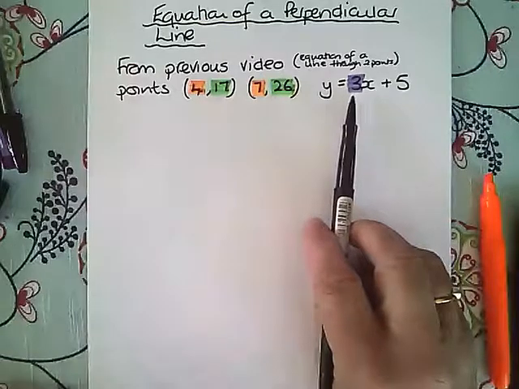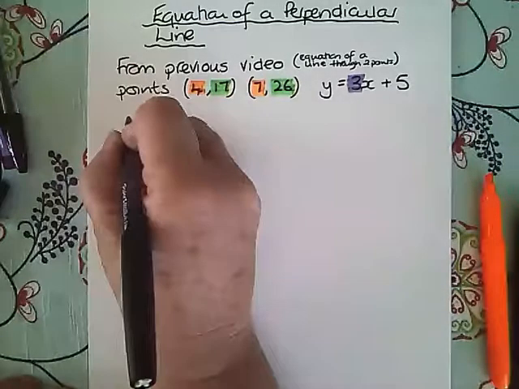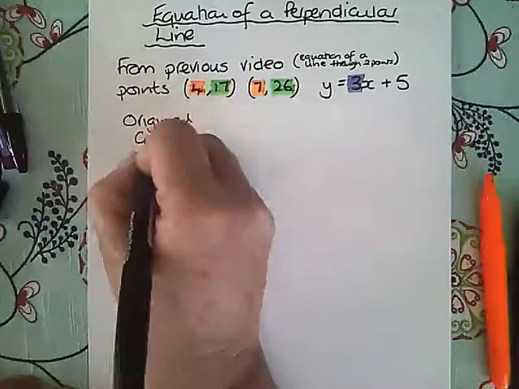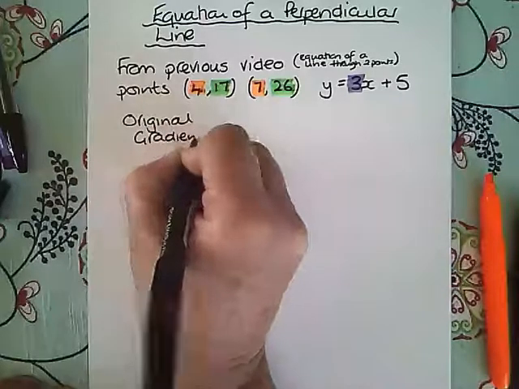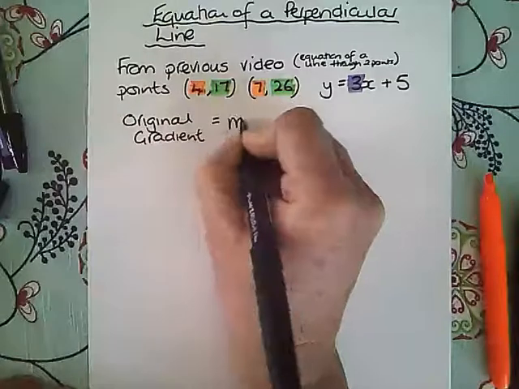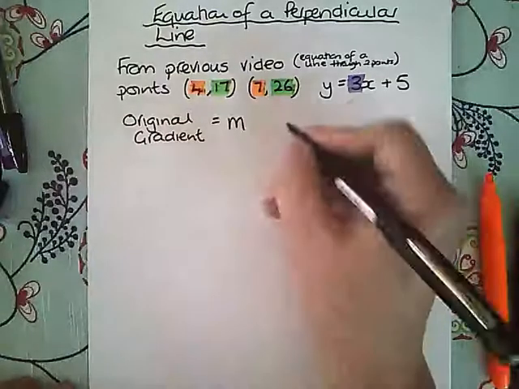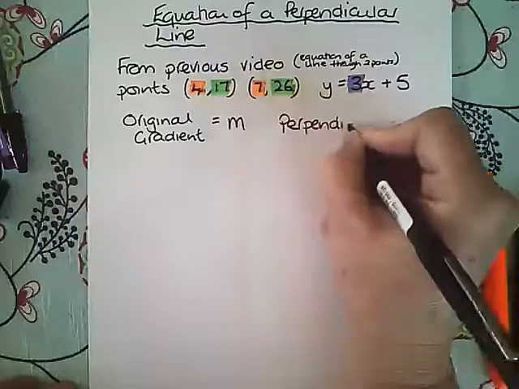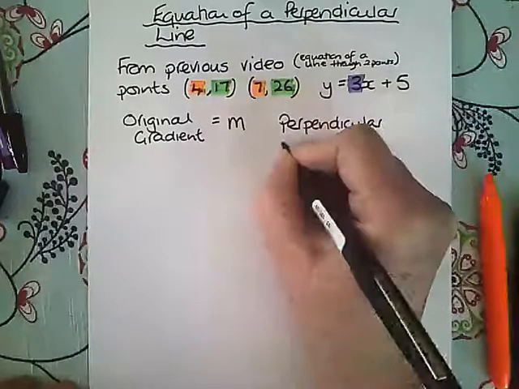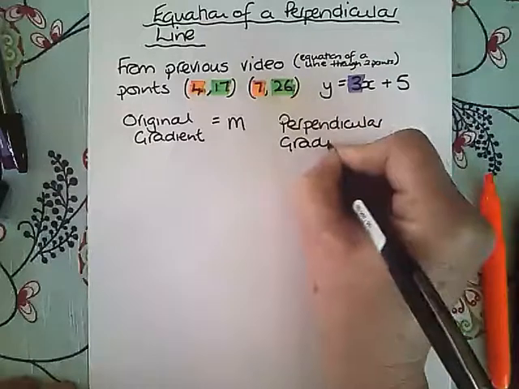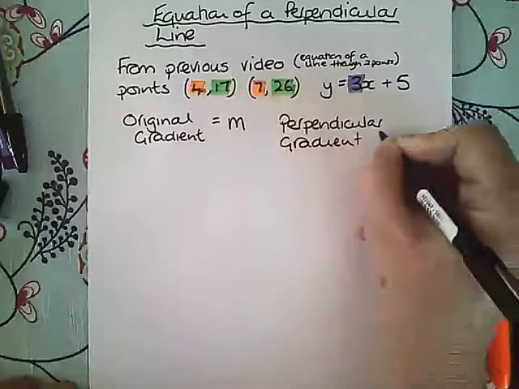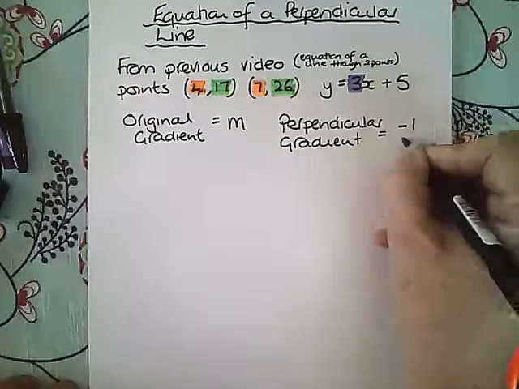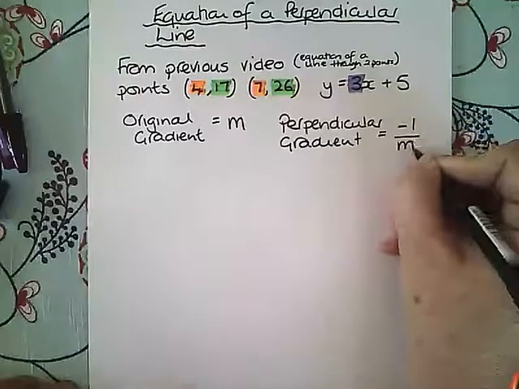So the first thing we have to know is that our original gradient is given the letter m, and a perpendicular gradient is found by putting -1 over the original gradient m.